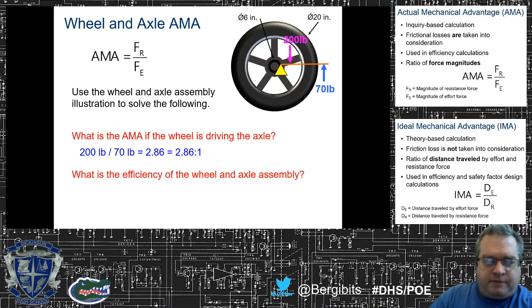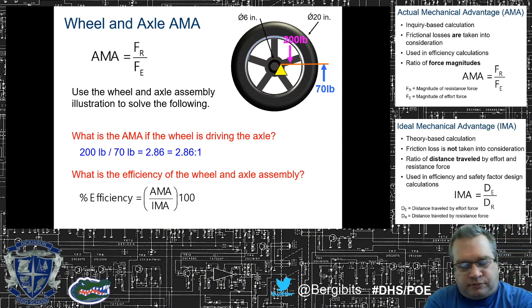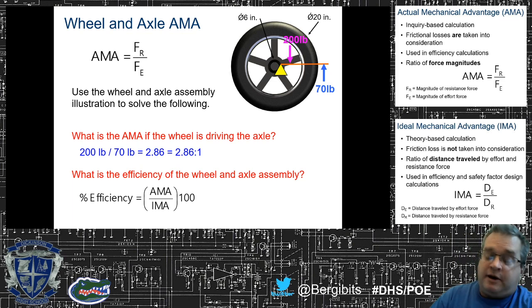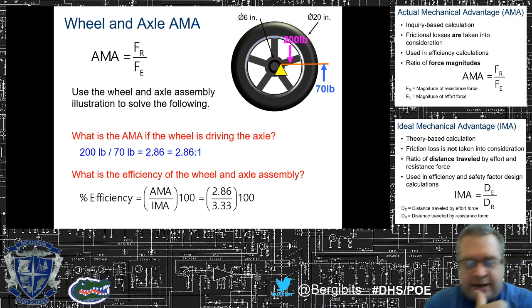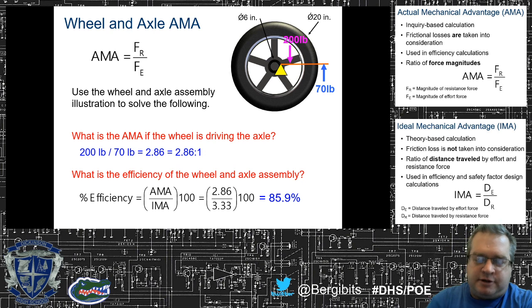All right, and then what is the efficiency of the wheel and axle assembly? So your efficiency is going to be AMA divided by IMA times 100, which is 2.86 divided by 3.33 times 100, which is 86%.